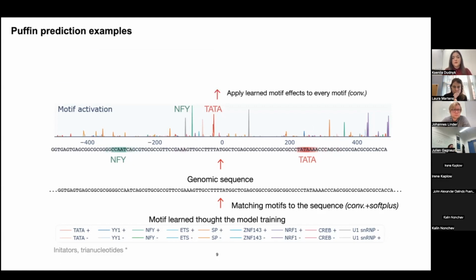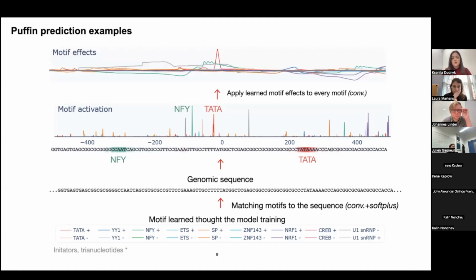Now in the second layer, Puffin learns the position-specific effect curves that we discussed earlier. So it's when the motif is located in the center and what effect this motif has on transcription initiation. Puffin applies convolution between the motif activation score and the learned motif effect. And the output is basically a motif effect weighted by motif activation.